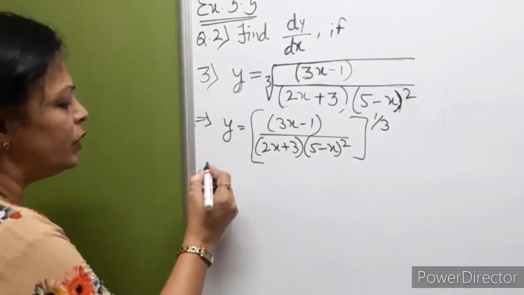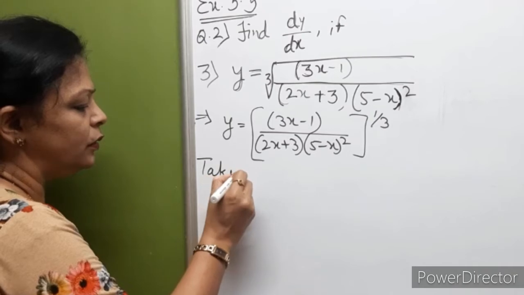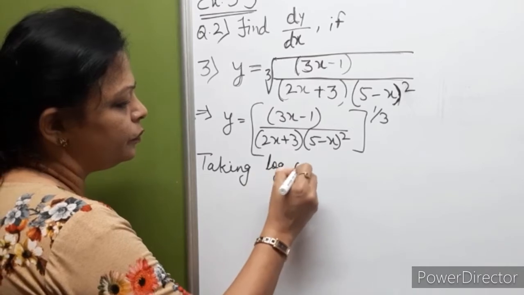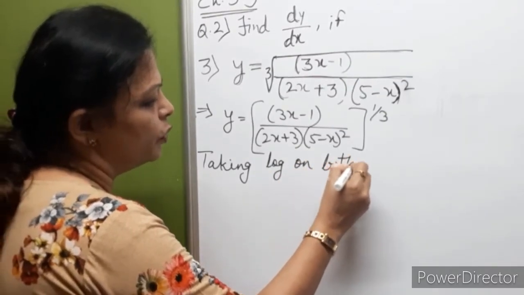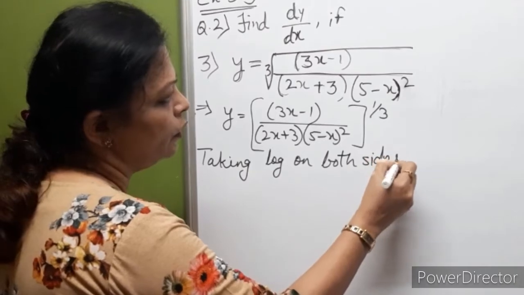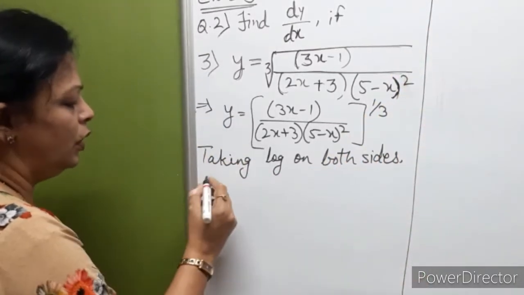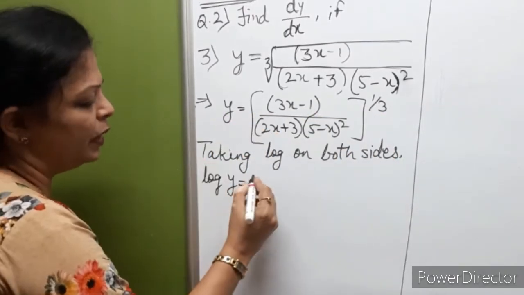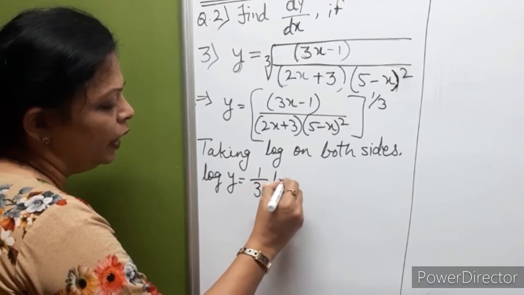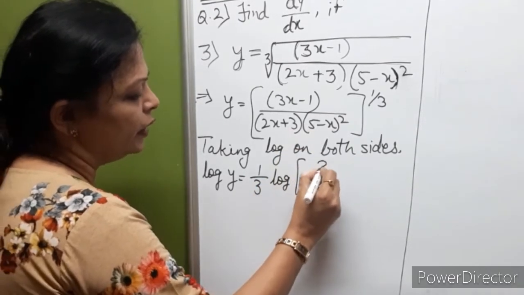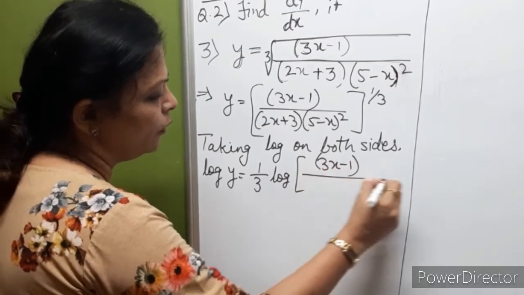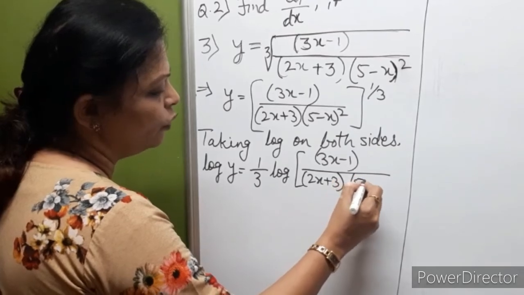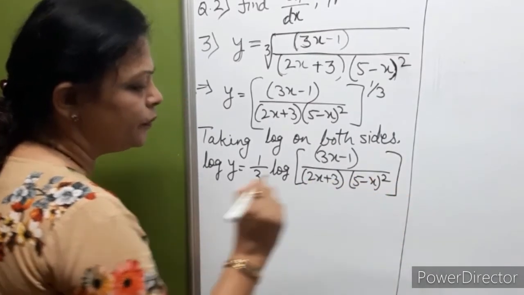Correct? Now take the log on both sides. Taking log on both sides, you will get log y is equal to this power, it will come for the multiplication directly. Let us take it into log of this bracket 3x minus 1 upon 2x plus 3 into 5 minus x the whole square.